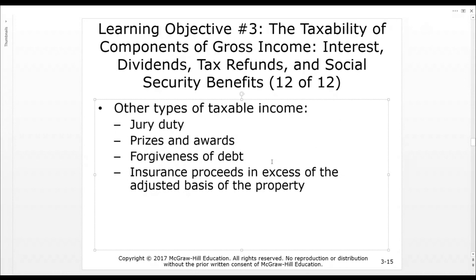Forgiveness of debt. Now, say for instance, you're going to lose your home, right? You don't have any money and you say, you know what, I'm not going to pay on this home anymore. And they forgive the debt. When I say forgive the debt, meaning that you had $100,000 left on your mortgage, and they sold it for $60,000. How much of the debt did they forgive?